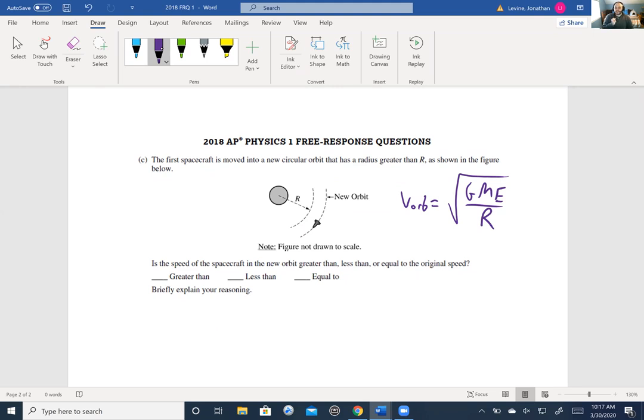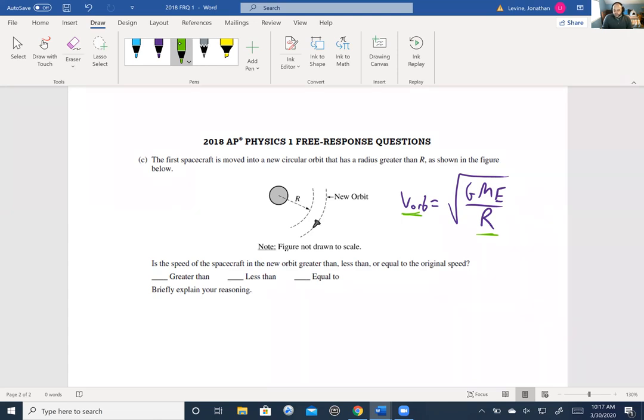So what it's saying here is if we now have an orbital radius greater than r, will our orbital speed have to increase, decrease, or stay the same as compared to the original speed? What would we say here? What type of relationship is this, where one variable is in the numerator and the other one's in the denominator? Basically, this is an inverse relationship.